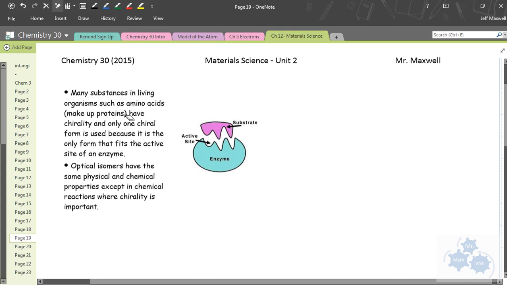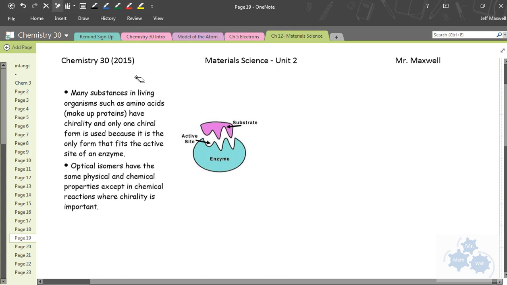An example of where this is important in nature: living organisms, such as amino acids that make up proteins, have chirality. So here's a little diagram. This substrate has a certain kind of shape and form. Only one chiral form is used because it's the only form of the substrate that fits within the active site of the enzyme.